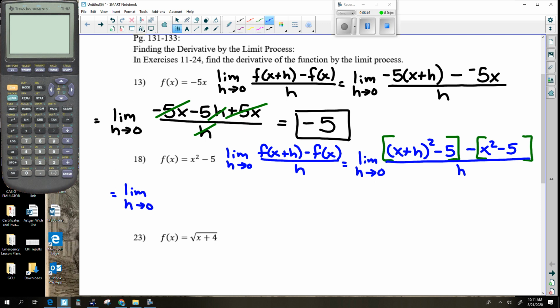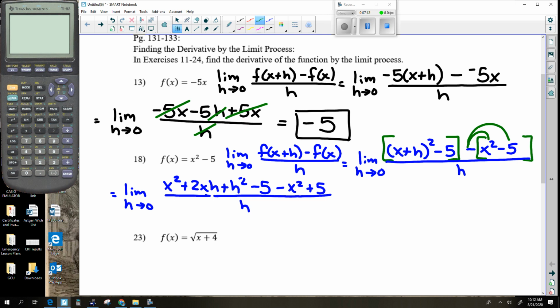Okay, in this very first portion, the f of x plus h portion, this is going to be x squared plus 2xh plus h squared minus 5. And then here, this negative has to distribute, so that's going to be negative x squared plus 5, all over h. All right, simplifications. I see that I have a minus 5 and a plus 5, a negative x squared and a positive x squared.